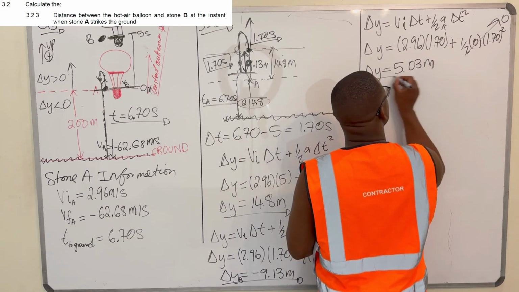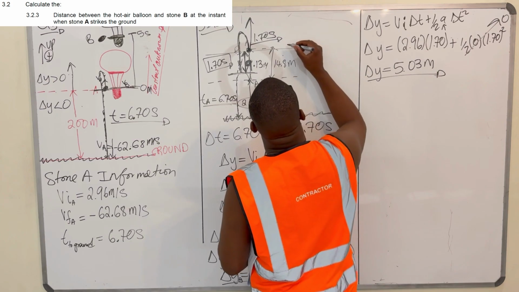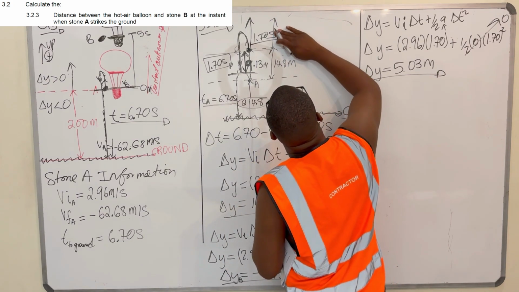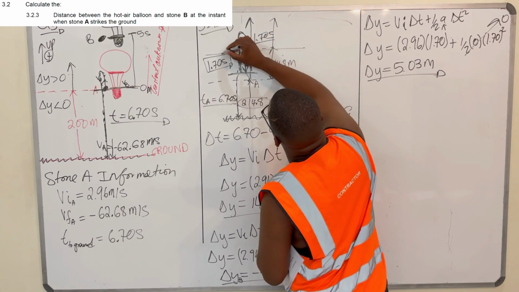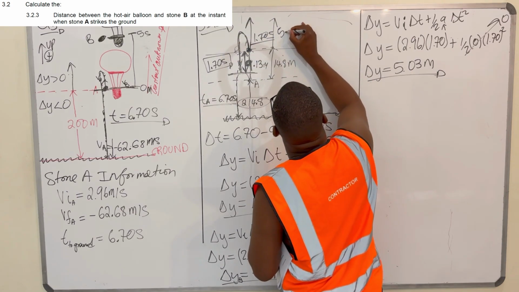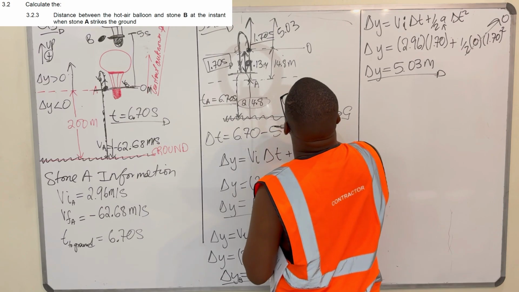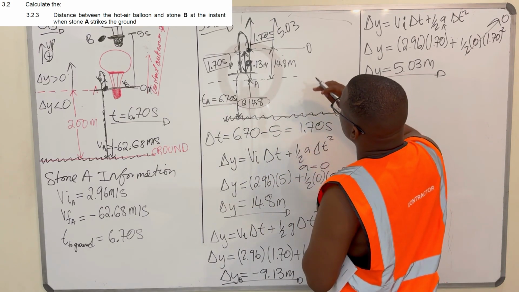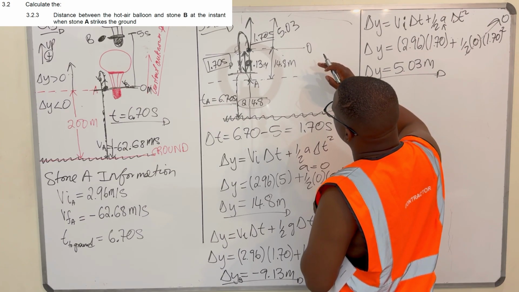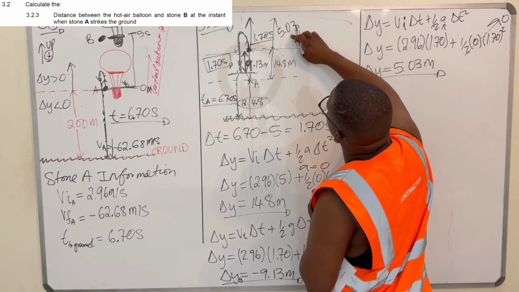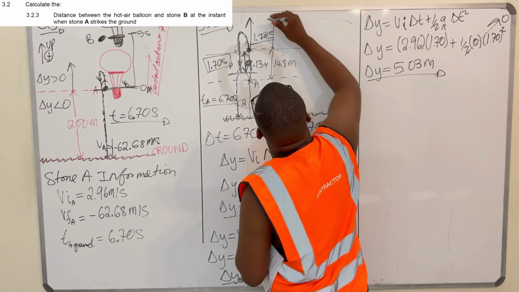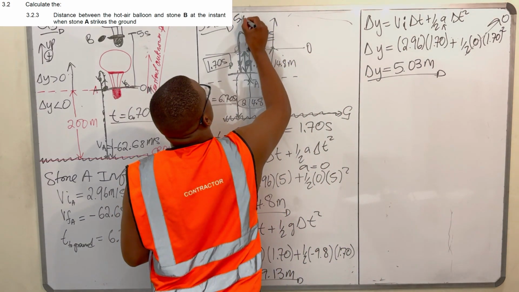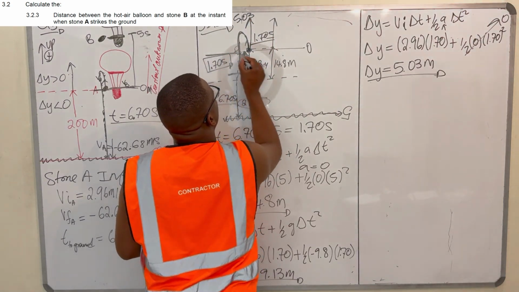It's positive because it's above the starting point, which means the hot air balloon's displacement from the starting line was 5.03 meters. So the balloon has moved 5.03 meters from the starting point.